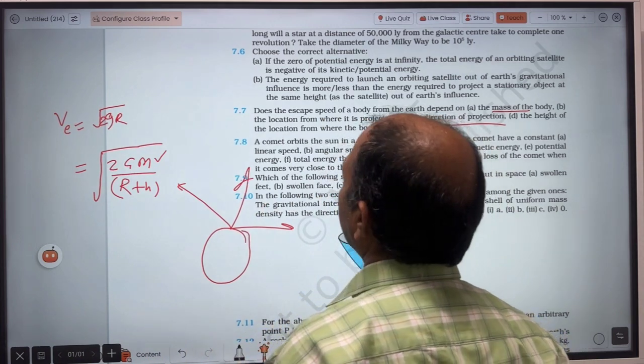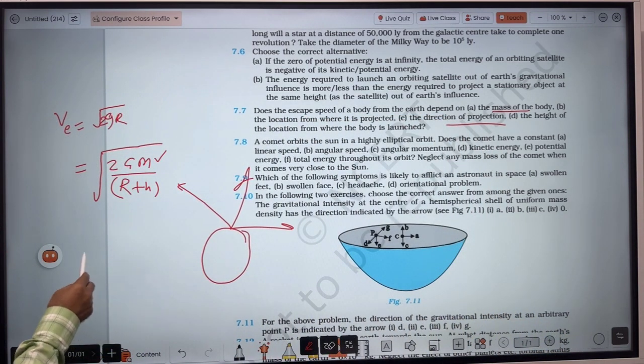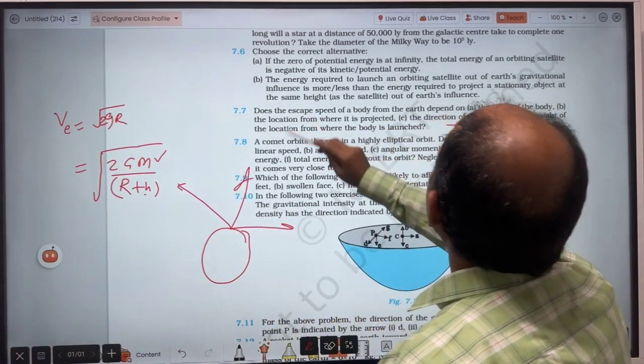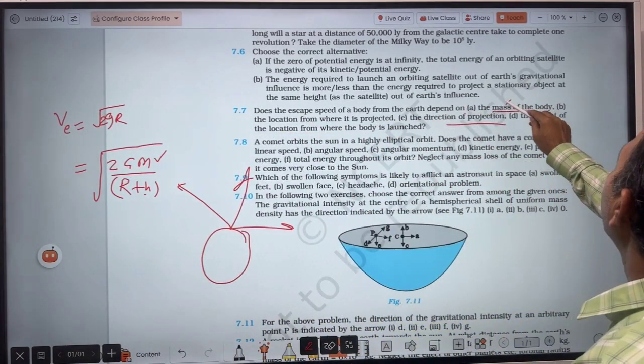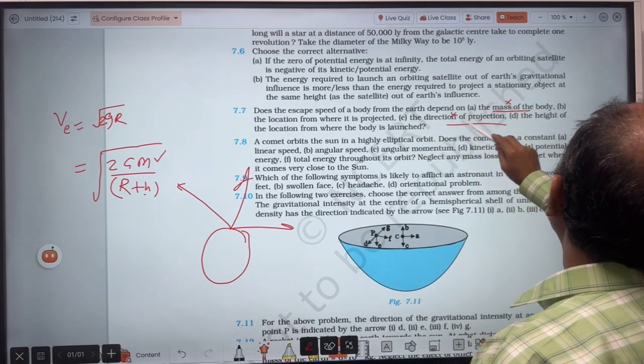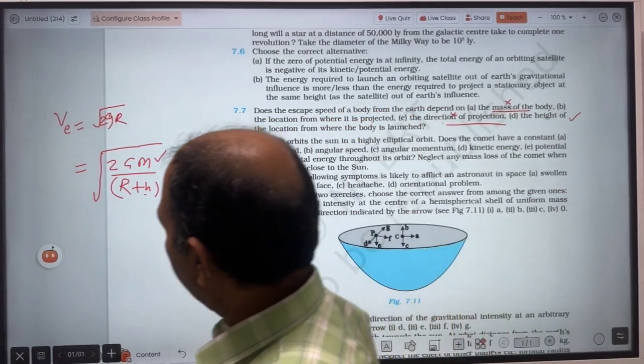Then comes the height of the location. Yes, h is involved. If it is already at a certain height, then this value will decrease. So you can say that escape velocity does not depend on mass, does not depend on projection direction, but it does depend on height. Okay.